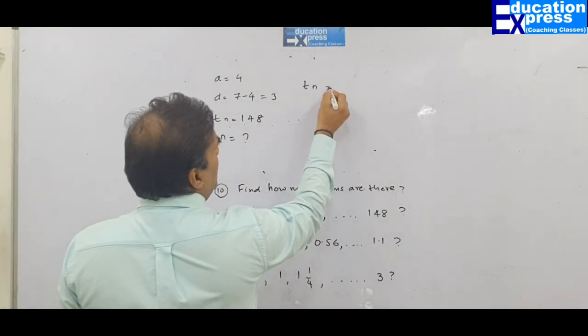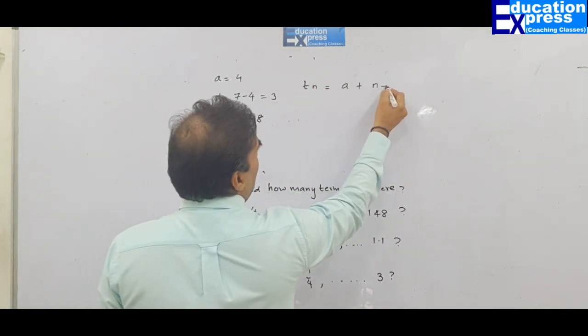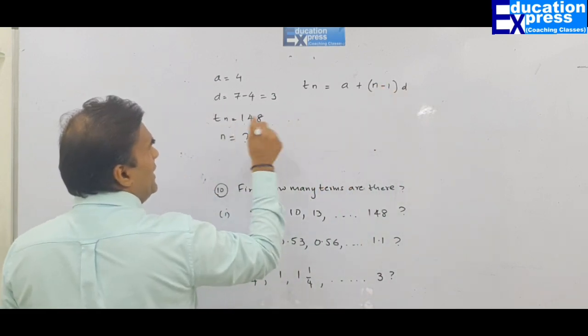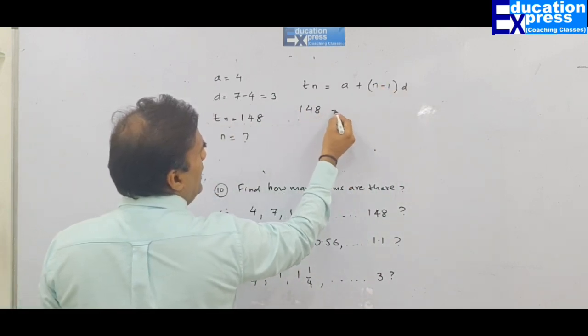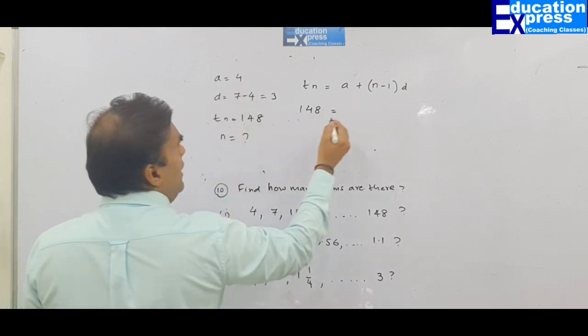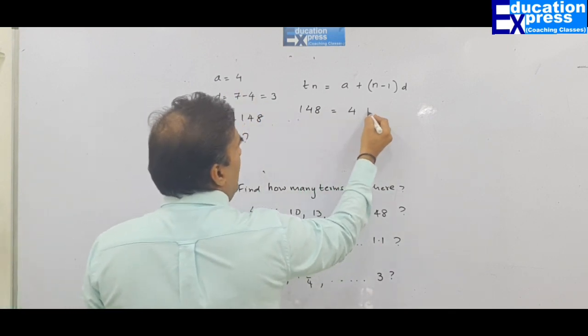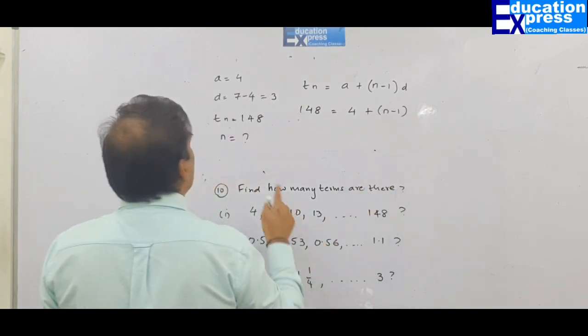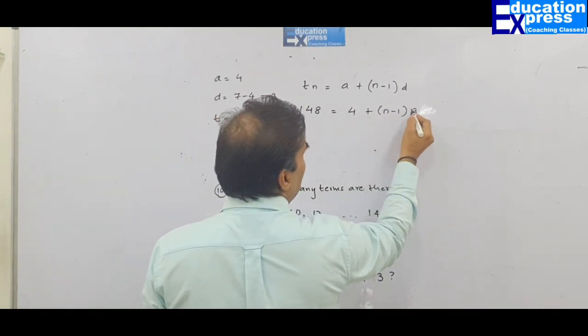Tn equals A plus (n minus 1) into D. In this formula, Tn is available, 148. Value of A is 4 plus (n minus 1) into D. D is given to us as 3.